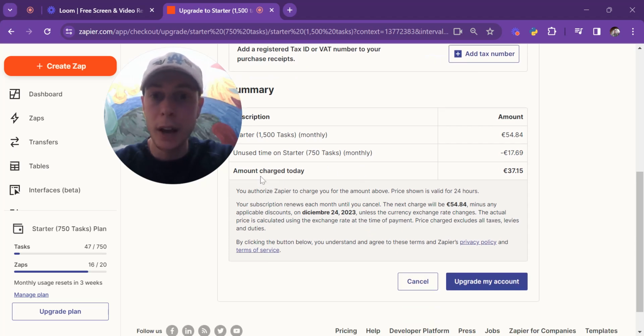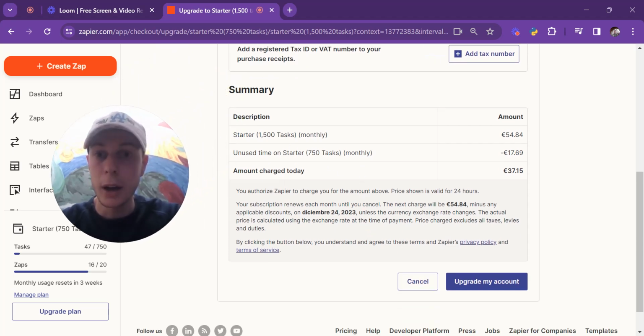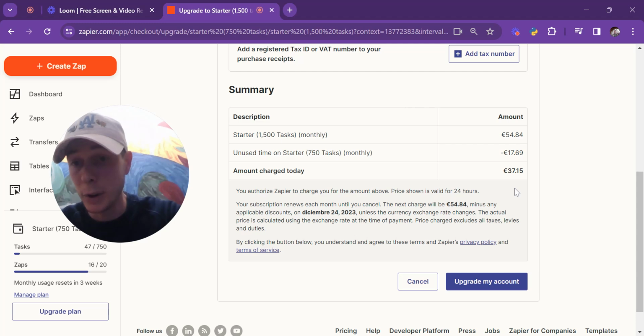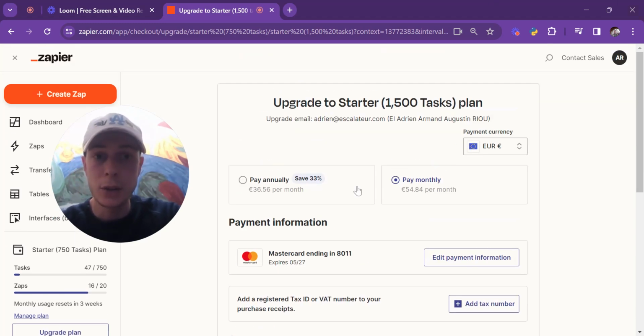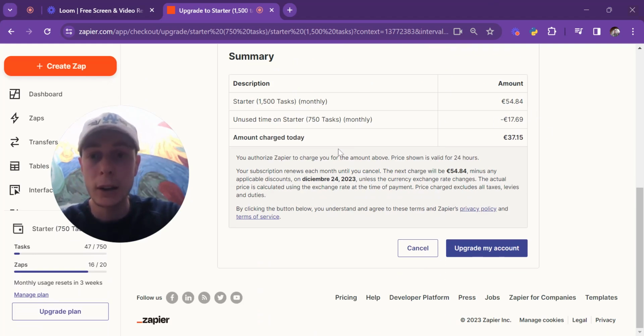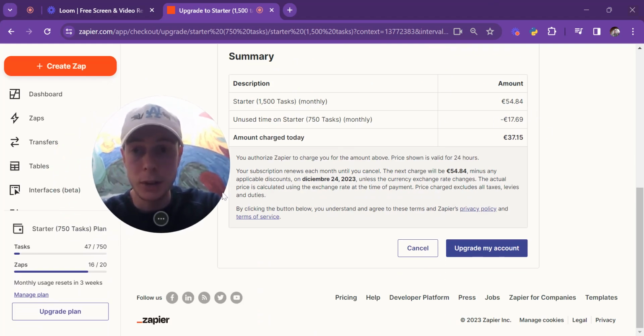And here I would have a table telling me how much I would actually pay, because the time I still have running on my current monthly billing period would be discounted from the first invoice that I would have, and subsequent invoices if my credit is higher. So here is where you would be able to calculate the investment in case of upgrading.